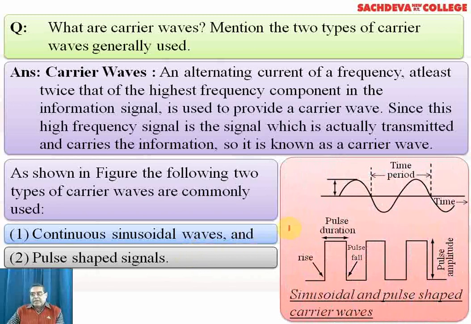Two signals are indicated: the time period is indicated in the upper signal, and the pulse duration in the lower signal. So we prefer the pulse amplitude more, because the signals are communicated very fast.